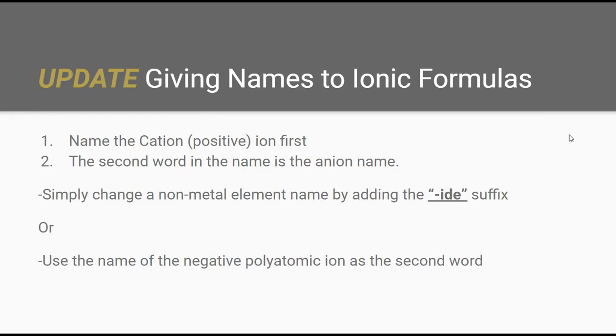So our updated rules are, we name the cation or positive ion first, using a Roman numeral if necessary. And the second word of the name is the anion name. Now, the anion could be a monoatomic or single non-metal element name that ends with an IDE suffix, or it simply could be the name of a negatively charged polyatomic ion.